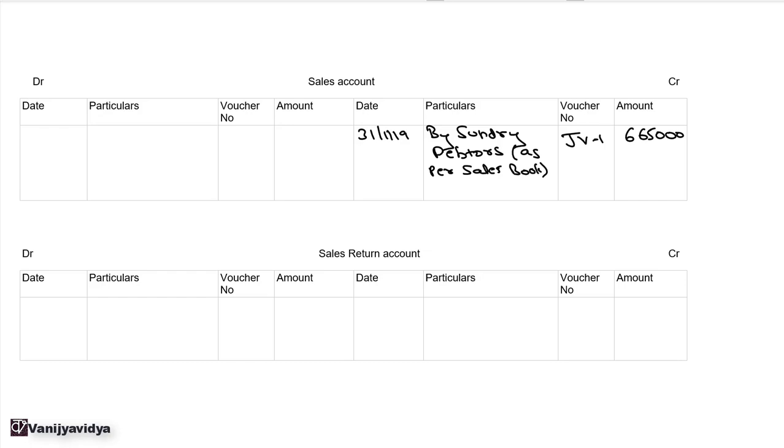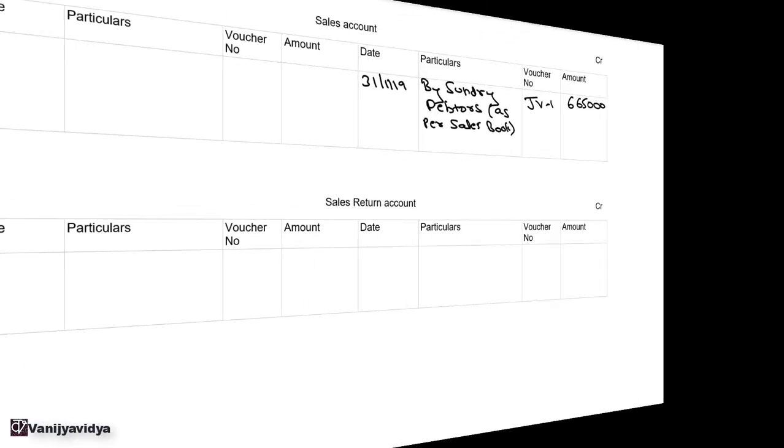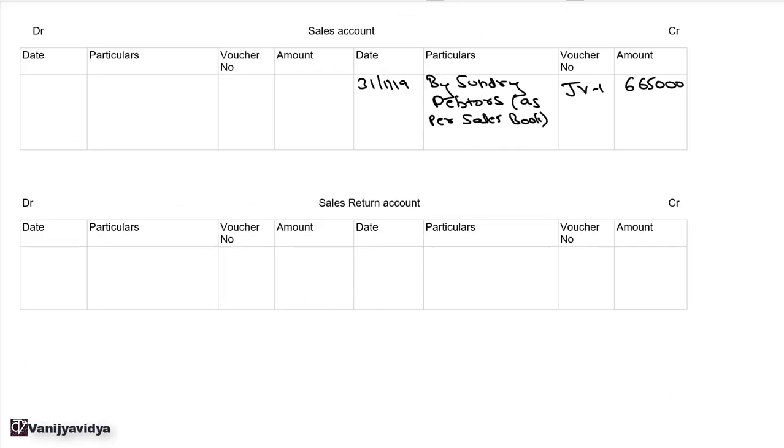Then sales return account. The total of sales return book is 97,000. Now this will be posted in your sales return account as on 31st Jan 2019. What is the entry for sales return? Sales return account debit to debtors account.